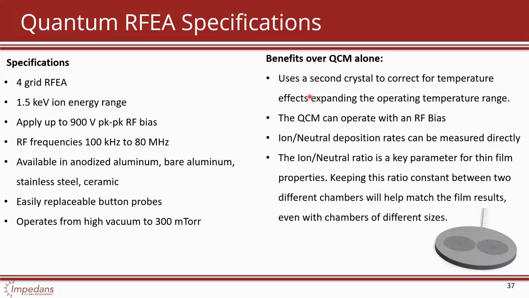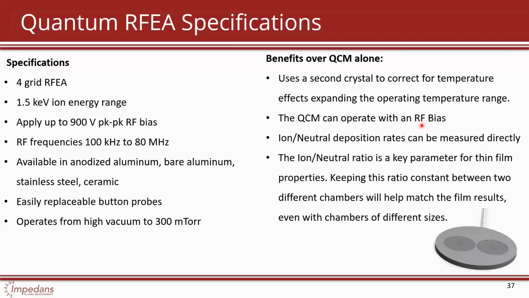And the idea is, you can see we're only measuring at one point, but there are 2 sensing elements. One is a measurement and one is a calibration, where internally it's actually blocked, so no ions get in, and this is a temperature reference. So this means if you don't have cooling available, like if you have this mounted on an arm or something, you'll still get the correct deposition rate without correcting for temperature. And this can also operate within an RF bias.